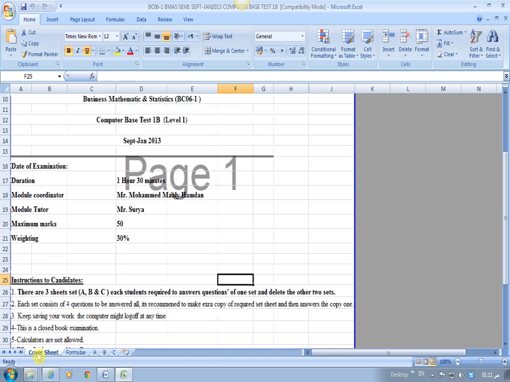The first sheet, cover sheet, is just information about the examination, time and date. The very important thing is to keep saving your file because the computer might be off at any time.